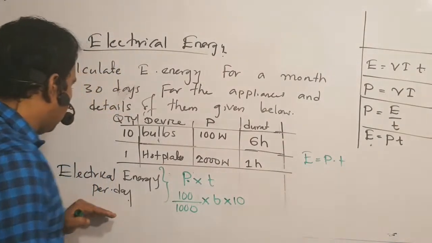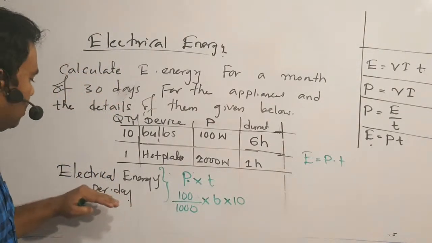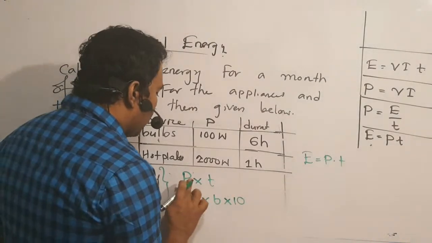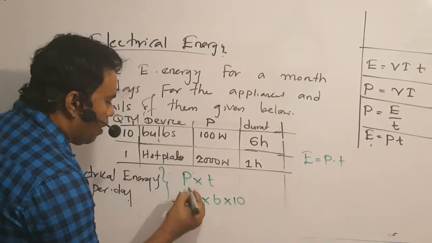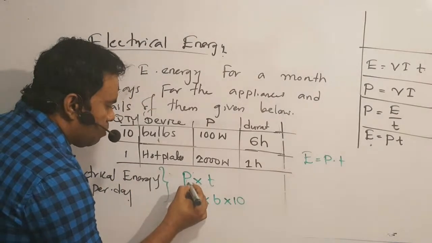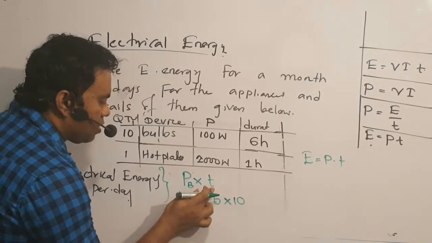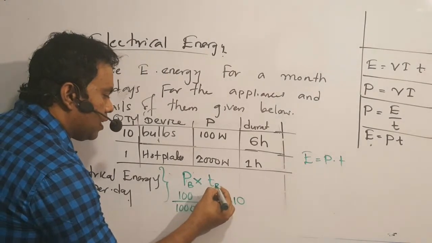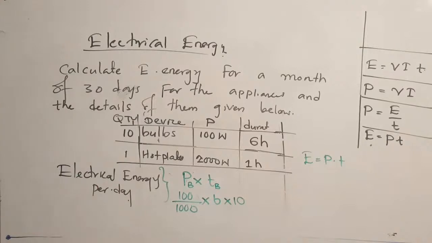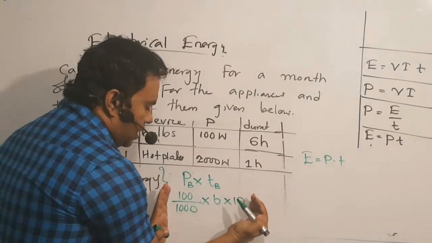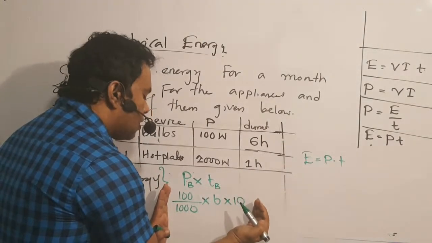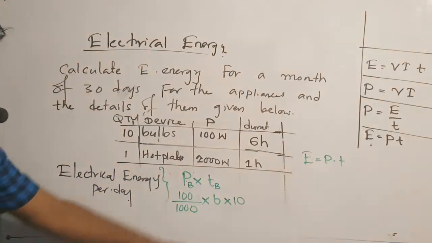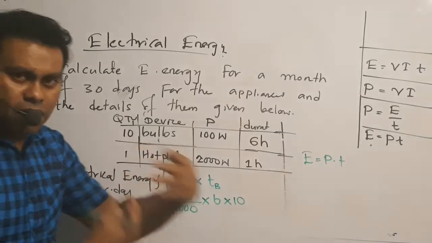Next, electrical energy consumption per day. Assume the power of the bulb is PB, and the time duration of the bulbs is TB. This is the electrical energy used by one bulb in one day.